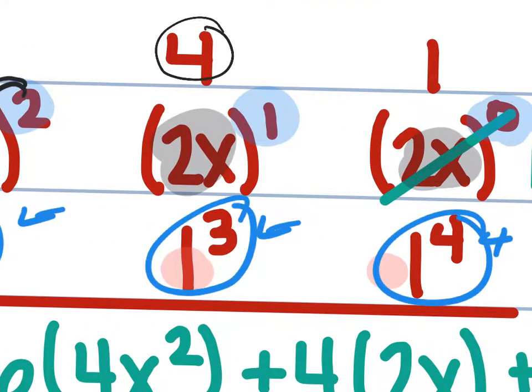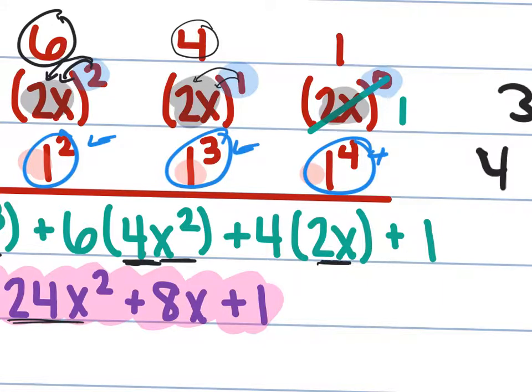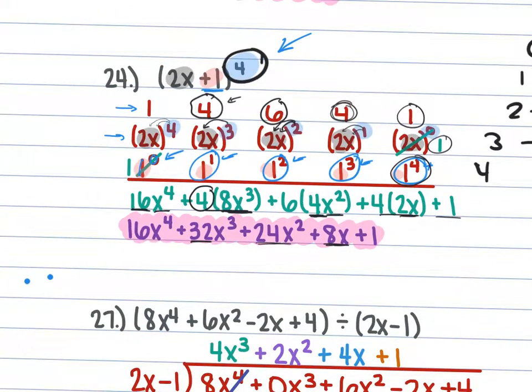Here we've got 4 times 1 times 2. 2 to the first power is 2, and x to the first power is x. Times that 4 that was up top gives me 8x. And this last one is just 1 times 1, which is 1. All of that simplifies to this right here.